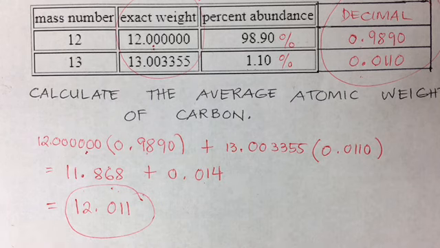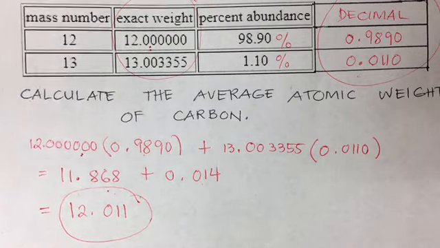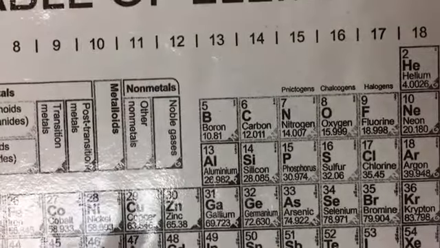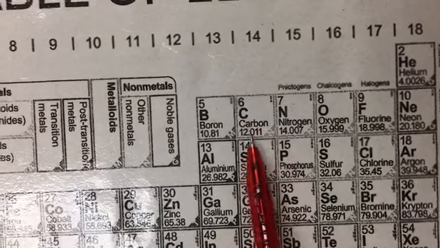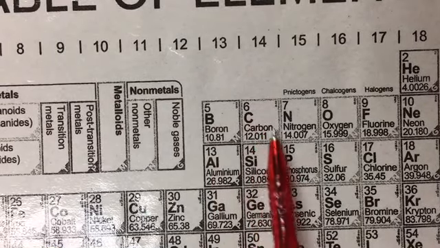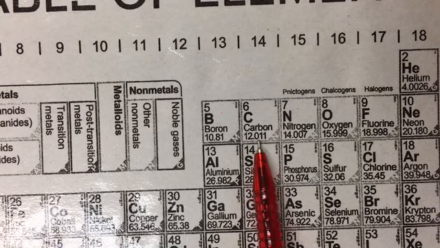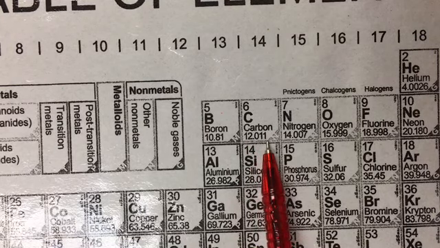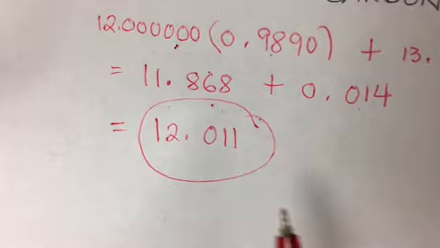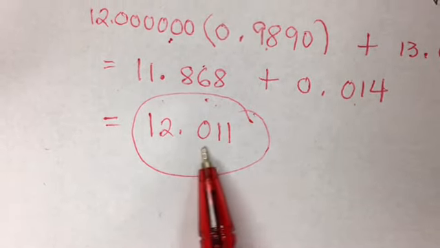Now let's check in the periodic table if we see 12.011 as its average atomic weight. We locate carbon, and carbon is here, and you see the mass here as 12.011, which is the value that we got in the computation.